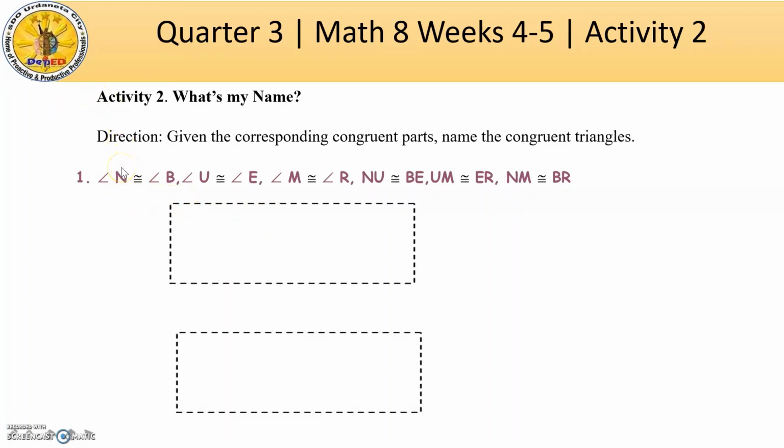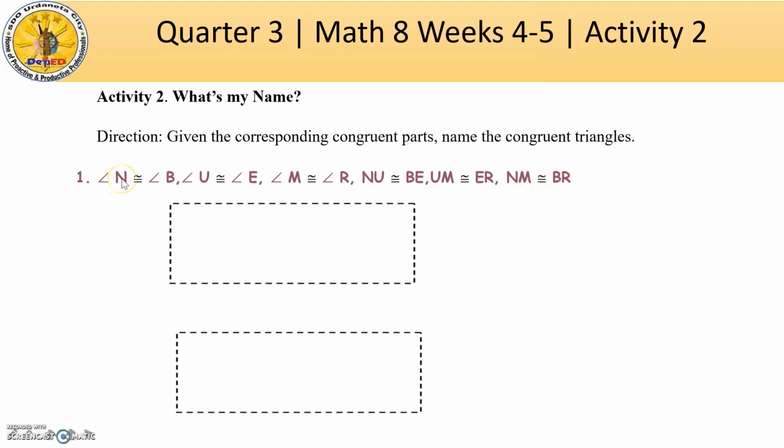By inspecting, we have angle N is congruent to angle B, angle U is congruent to angle E, angle M is congruent to angle R, side NU is congruent to BE, side UM is congruent to ER, and side NM is congruent to BR.